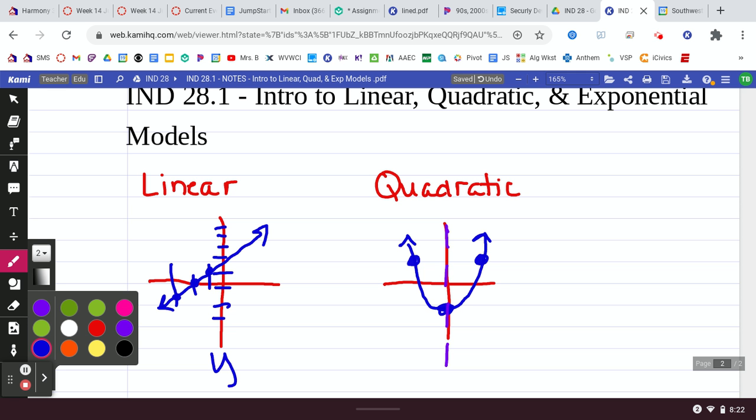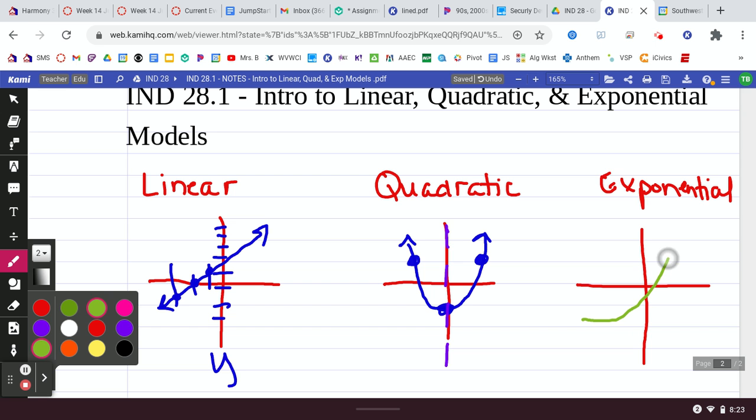And so let me go ahead and write exponential, and then we'll talk about the tables and what they look like. So an exponential graph, okay. Oh, what happened to my blue? Oh, well, we'll do it green. Our exponentials started out slowly increasing and then shot up into the air really fast.